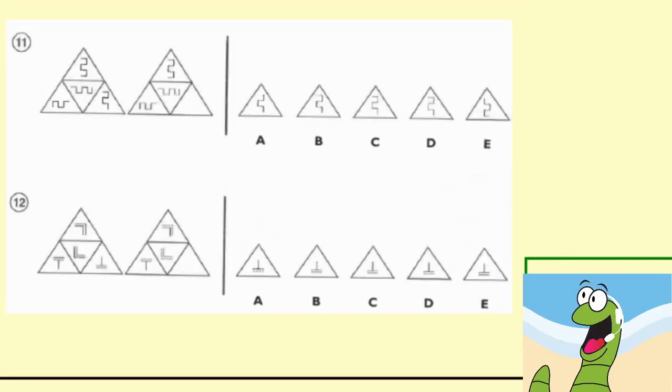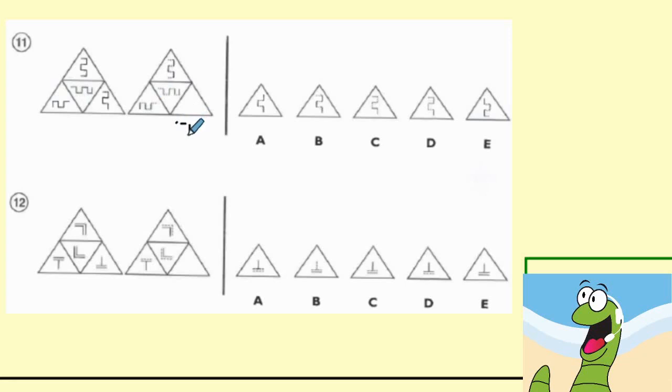And last, 11 and 12. So, same shape, but what is the difference? We have dotted lines here, solid lines here. Okay, these are the horizontal lines which are changed from solid to dotted or dashed. Same thing with this, it's only the horizontal lines that change. So we're looking for something a bit like this.